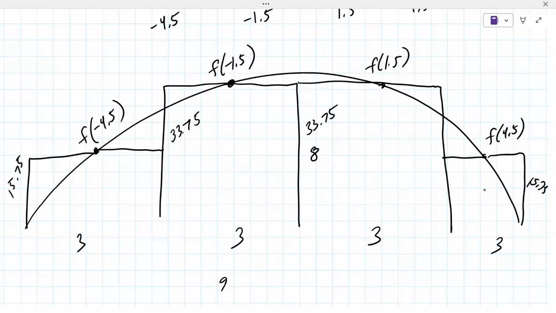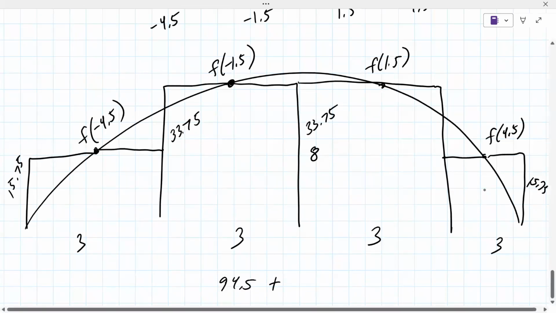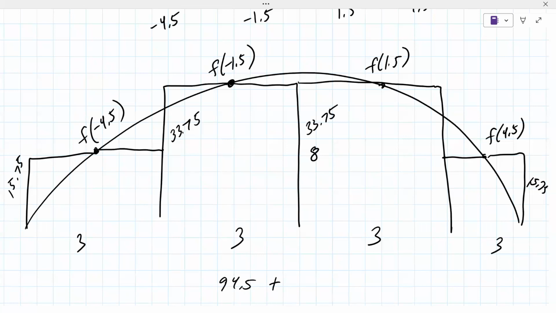Then, hold on. For 33.75, I got 202.5. Okay, and then did you add them together?